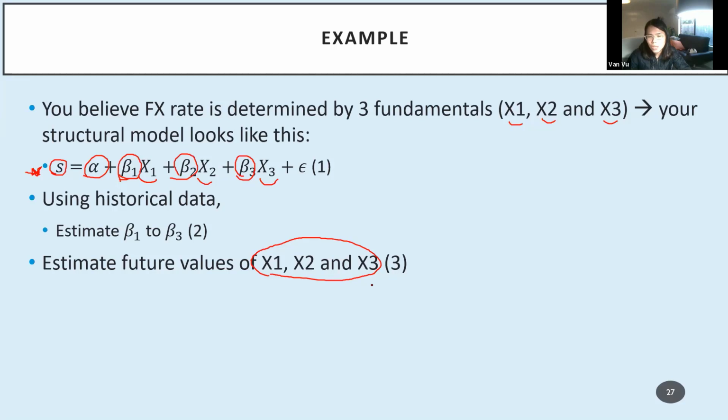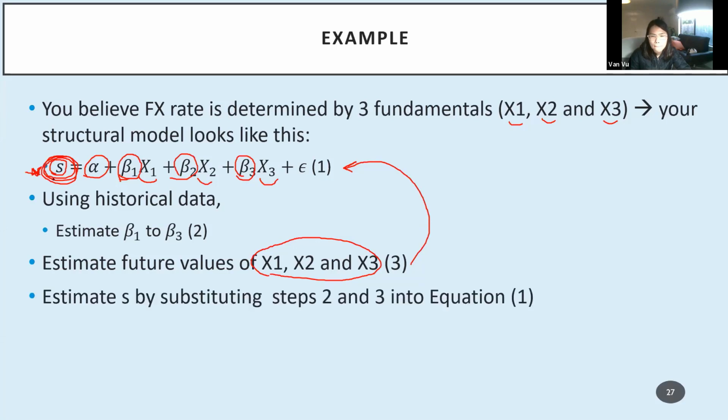So the next step is to predict the future values for x1, x2, and x3. Once I've got them, I'm going to substitute back into equation 1 and use that to estimate S, which is my future spot rate, okay? So that is the idea of using the fundamental approach to forecast exchange rates, okay?